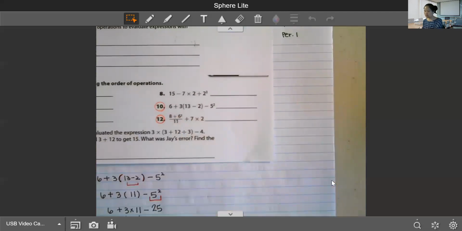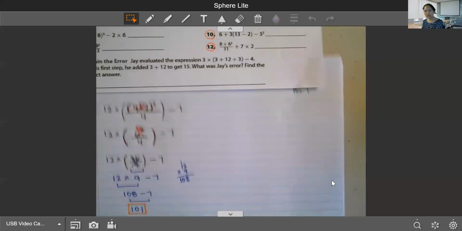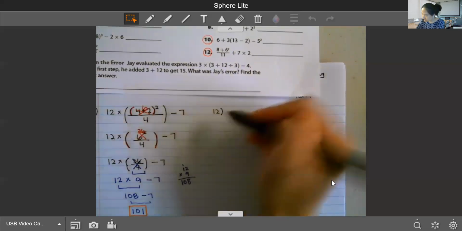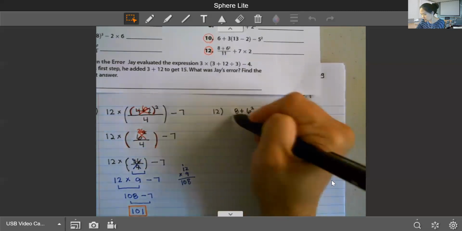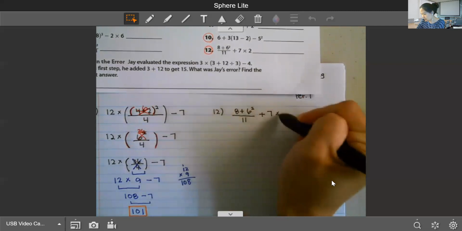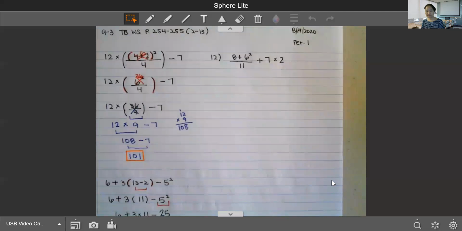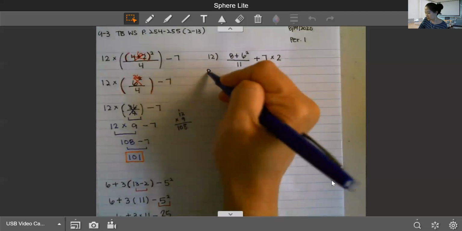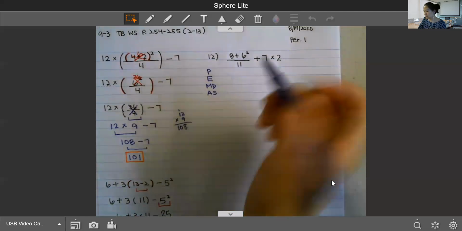Okay, so let's take a look. Number 12. So I'm going to write 12. 8 plus 6 to the second power over 11 plus 7 times 2. Okay. All right. Now, looking at my order of operations, I don't have any parentheses whatsoever.